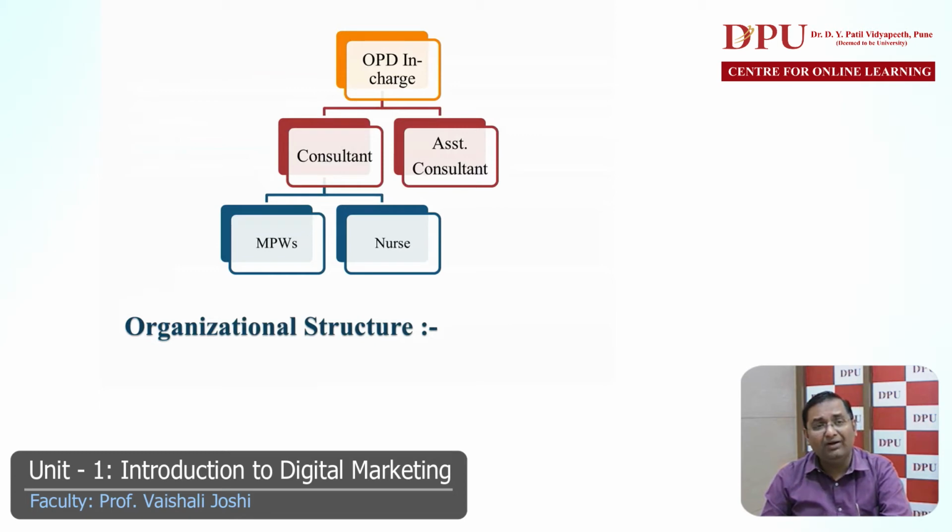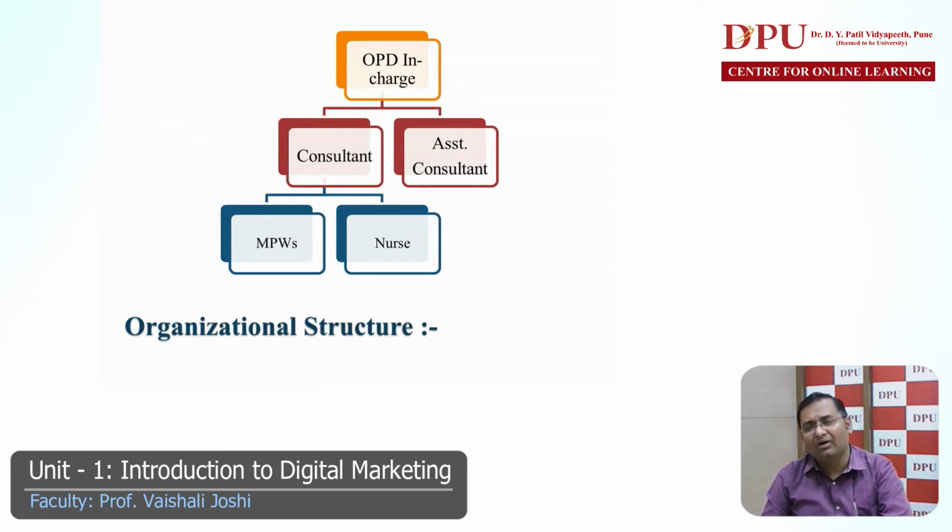Now, what could be the organizational structure? What should be the composition of the outpatient department? Who is involved in completing the work of the outpatient department? These questions can be understood by observing the organizational structure of the outpatient department.